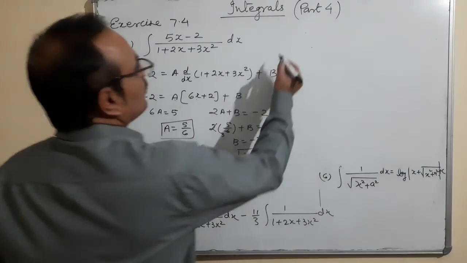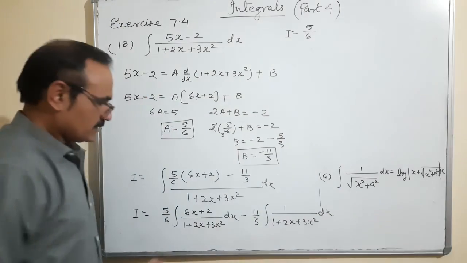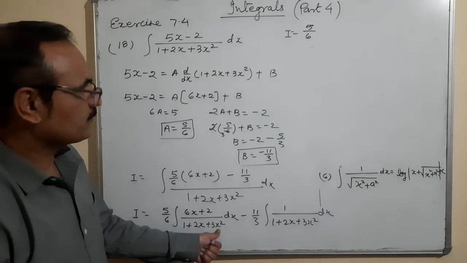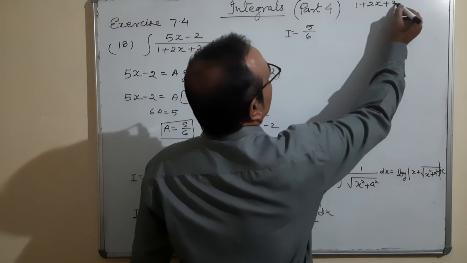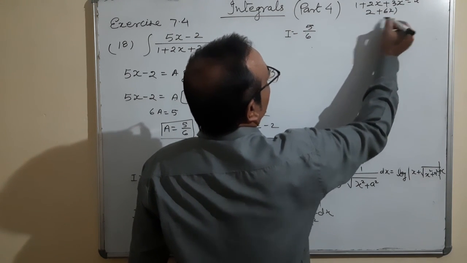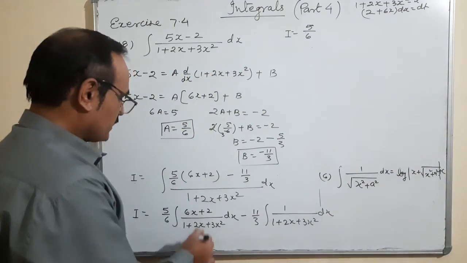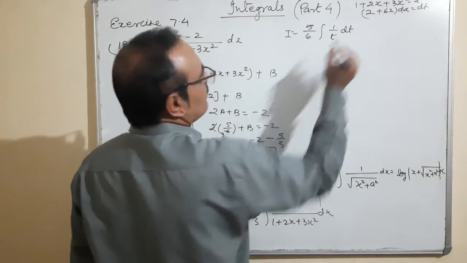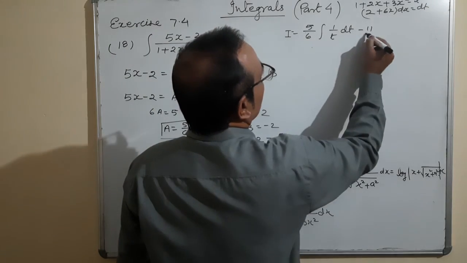Okay, I is equal to 5 upon 6. See, I am solving this orally. 1 plus 2x plus 3x square is equal to t. So that means 2 plus 6x dx is equal to dt. What is coming? 1 upon t dt. Right? Minus 11 upon 3.